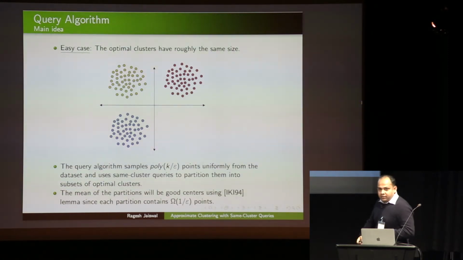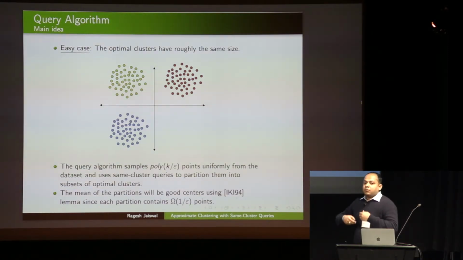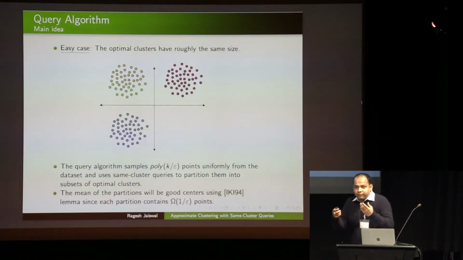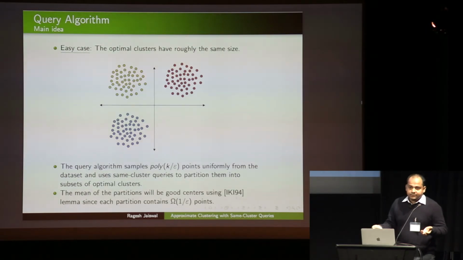So we sample poly k over epsilon points uniformly at random. Since these clusters have roughly the same size, you'll get good representation from each of them, poly 1 over epsilon uniform representation from each of the clusters, and just use Inaba's lemma.